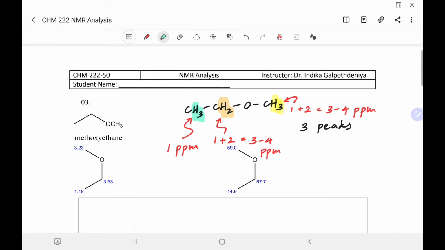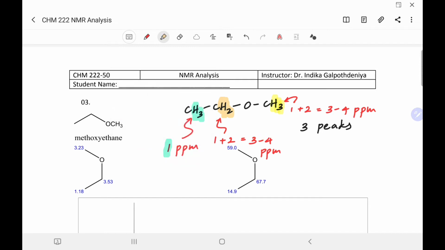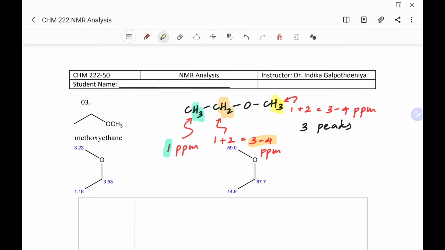The first peak should be around 1 ppm, the second peak should be around 3 to 4 ppm, and the third peak should also be around 3 to 4 ppm. These are the crude values for the chemical shift that we can expect for these hydrogens.